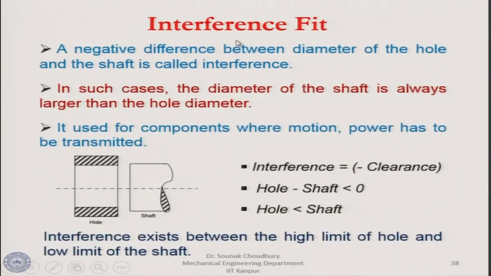Similarly, we have the interference fit, where hole minus shaft is less than 0. That means the hole diameter is less than the shaft diameter. So, this is the interference fit. The diameter of the shaft is always larger than the hole diameter, so it snugly fits, tightly fitting.